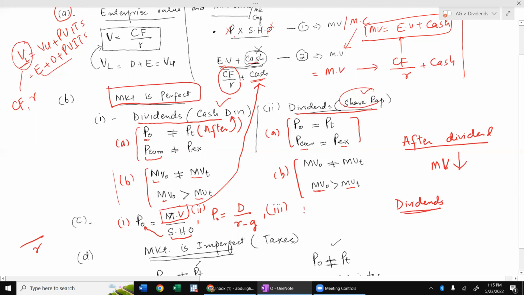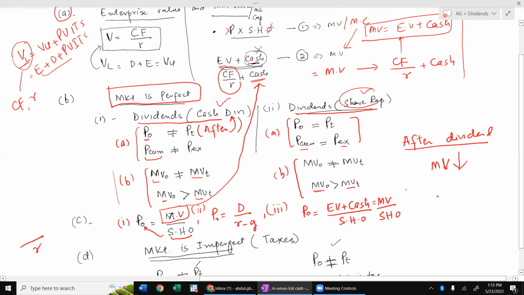In other words, we can also calculate price is equal to enterprise value plus cash divided by share outstanding. So this is equal to market value divided by share outstanding. It will also give you the answer of price.